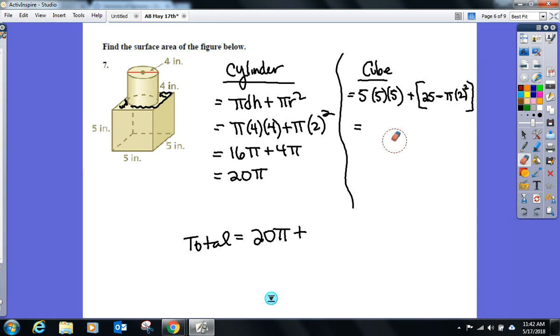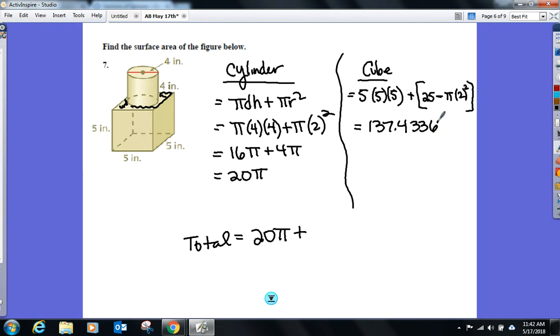Calm it down, boss. 125 plus 25 minus 4 pi. Oh, 137. Look at that. Good job, champs. Add that to 20 pi. Total surface area. Recalculate here.